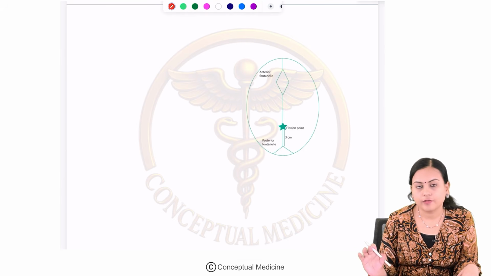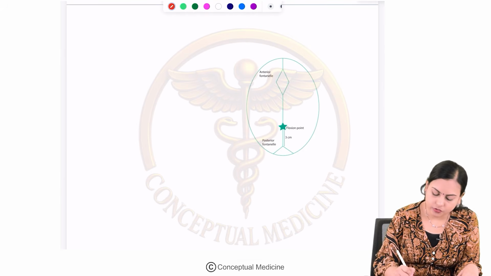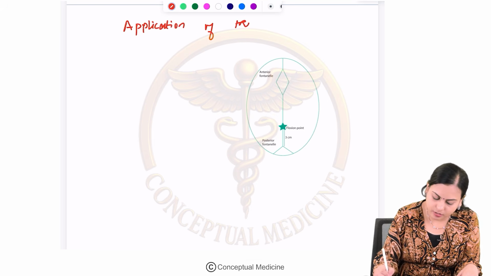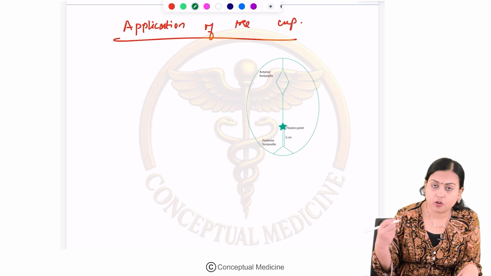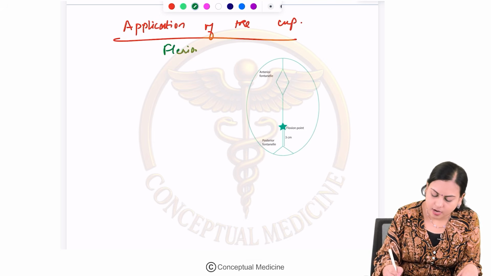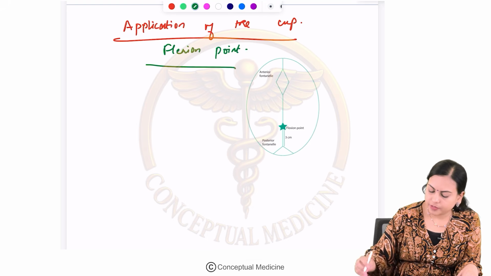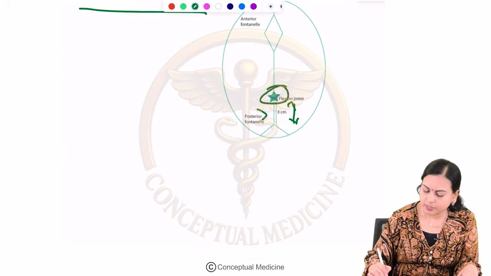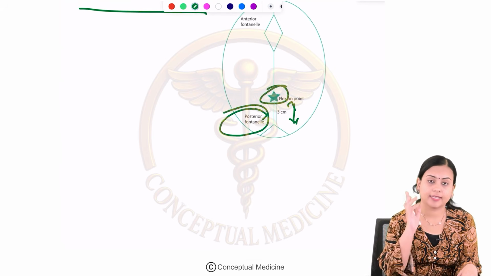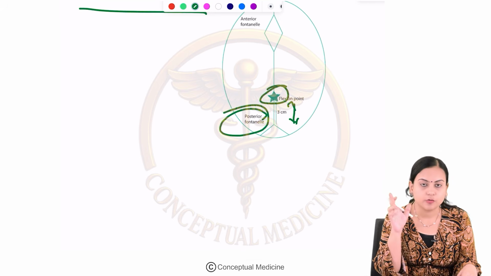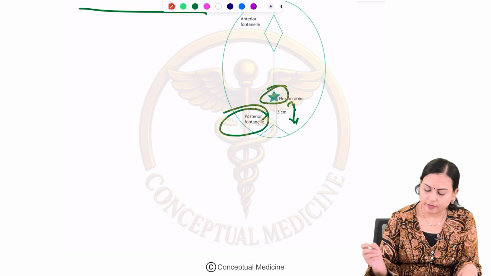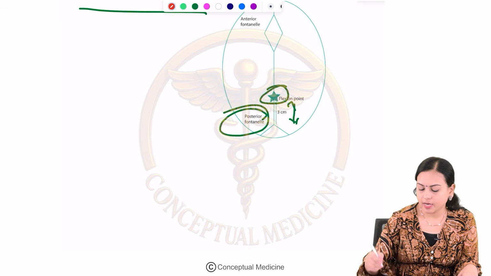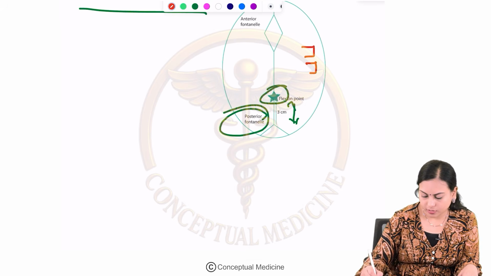Now we have to know at which point this ventouse should be applied. So there is one specific point here, that is application of the cup should be done at a point called flexion point, and remember the flexion point is just 3 centimeter before the posterior fontanelle. Okay, remember it is not the anterior fontanelle, 3 centimeter below the posterior fontanelle. In some textbooks they have given that the space between the anterior fontanelle and posterior fontanelle will be divided into 3 centimeters.